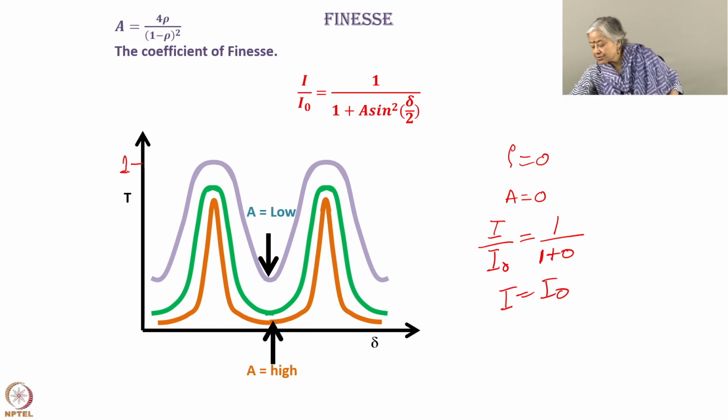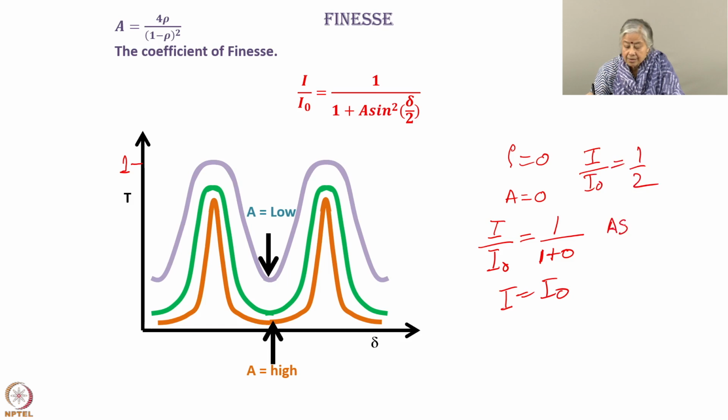Let us see what happens when the transmission is half. So, I upon I0 is equal to half. When will that happen? When A sine square delta by 2 is equal to 1.